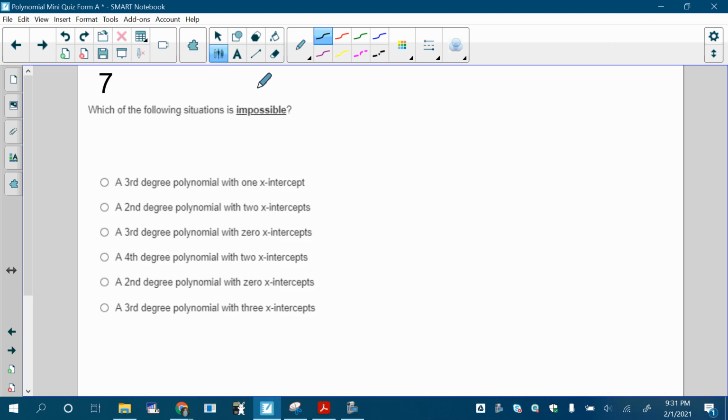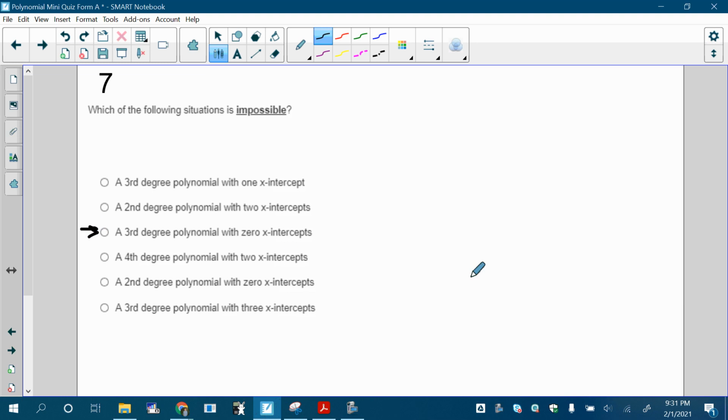Last question here. Which of the following situations is impossible? You have to think about the fact that the end behavior has to make sense here. Okay? So if you think about these different possibilities, the one that doesn't work out is this one.